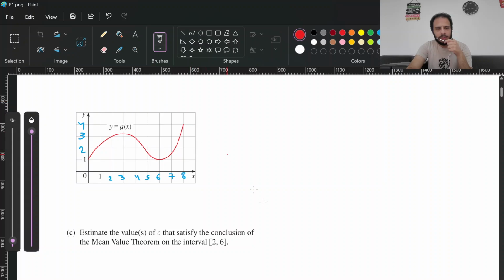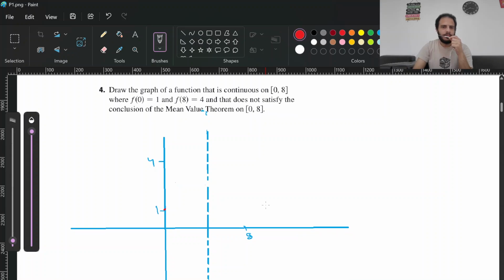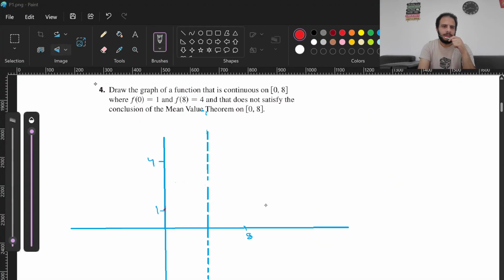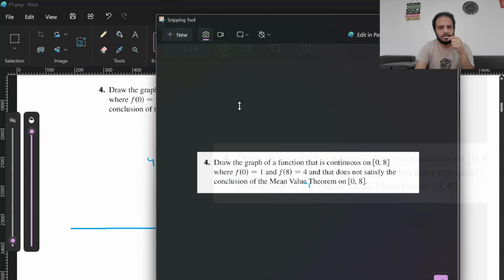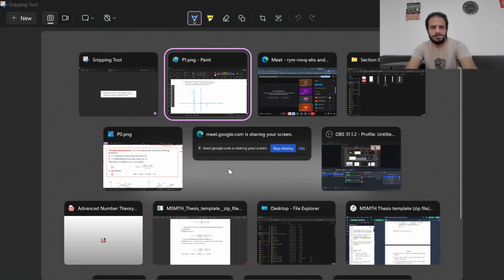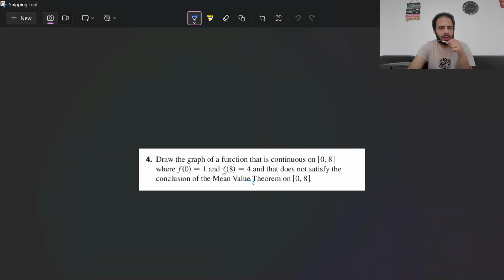Now let's go to question 4. Draw the graph of a function that is continuous on the closed interval 0 to 8, where f of 0 equals 1 and f of 8 equals 4, and that does not satisfy the conclusion of the mean value theorem on the closed interval 0 to 8.